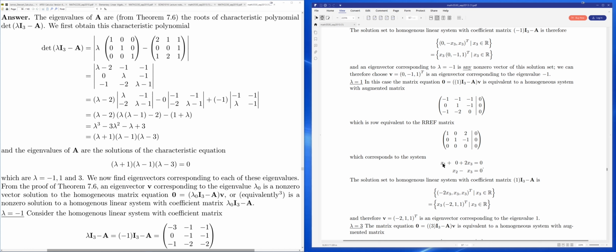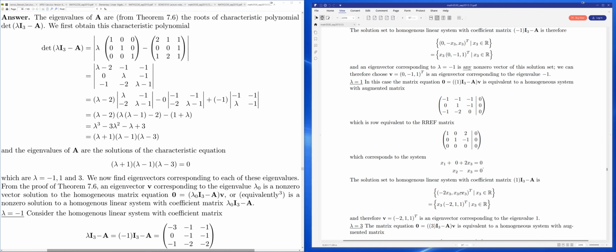In this case, what you're going to get is x1 is equal to minus 2x3, x2 is equal to x3, and x3 is itself because it's free. I can factor out the x3 over here, and I see that (minus 2, 1, 1) is a solution for the system. Because it's a solution for this system over here, it's in fact a solution for this matrix equation here.